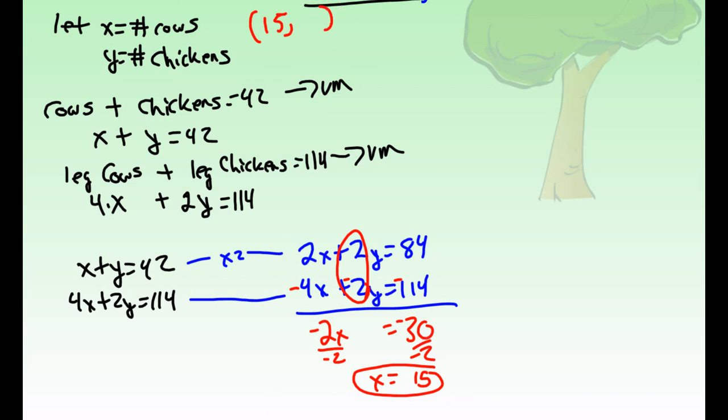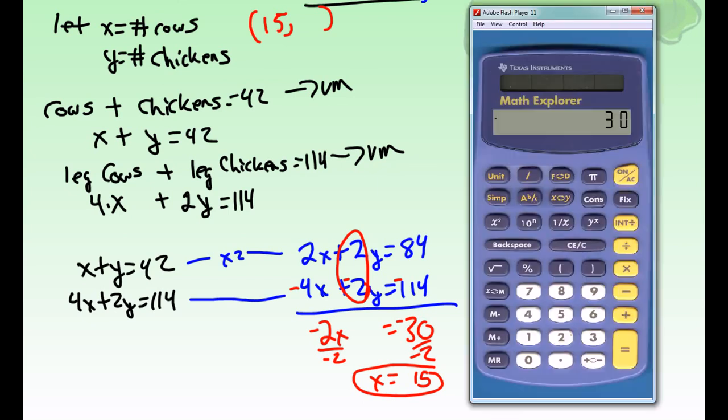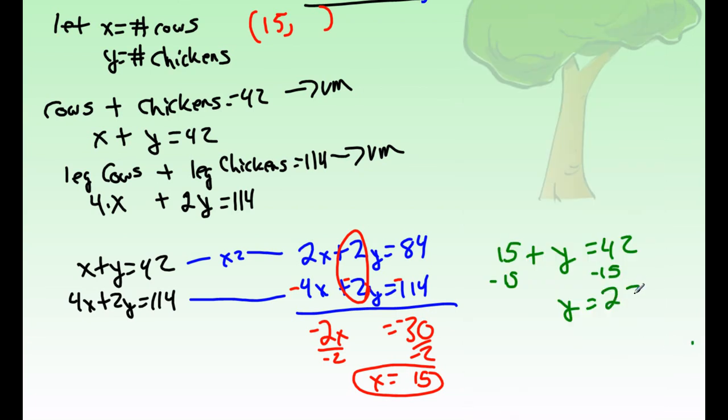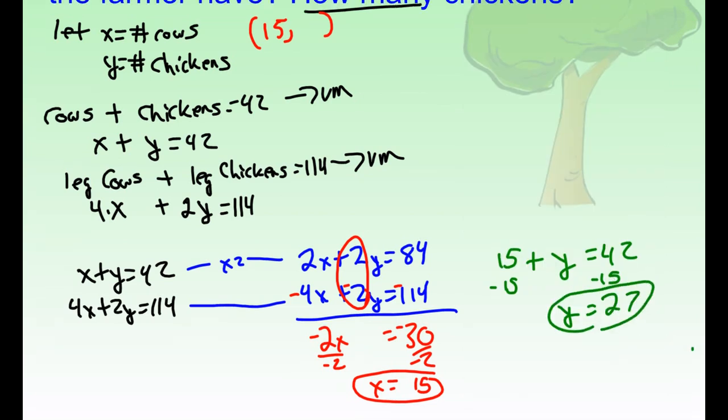And how many chickens? So we're going to take that 15, plug it back in. I'm going to use the top equation because it's simpler. And so 15 cows plus the number of chickens equals 42, minus 15 on both sides. Y equals 42 minus 15. 42 minus 15 is 27 chickens.